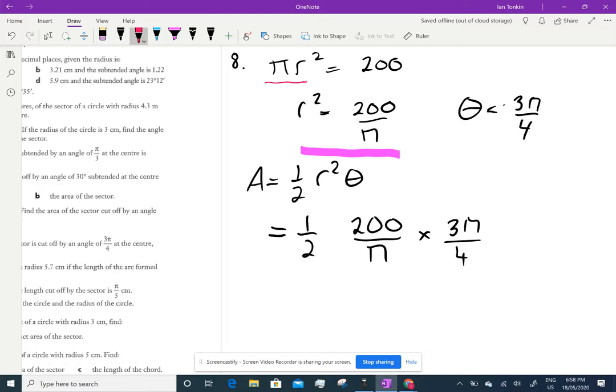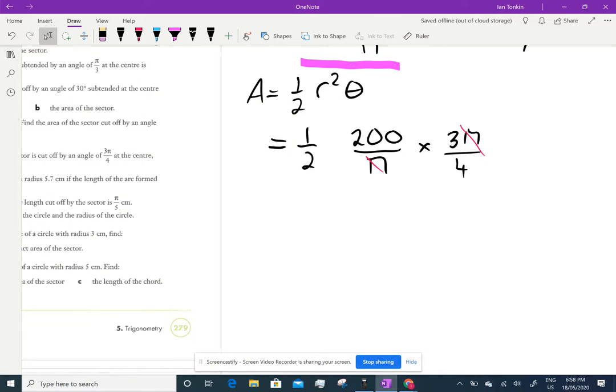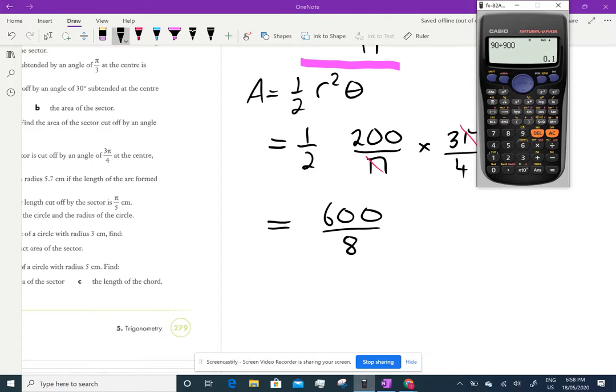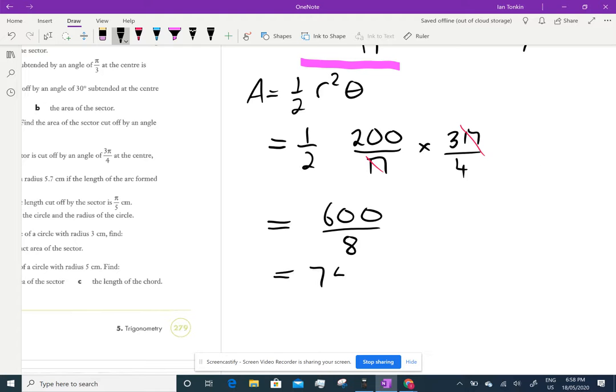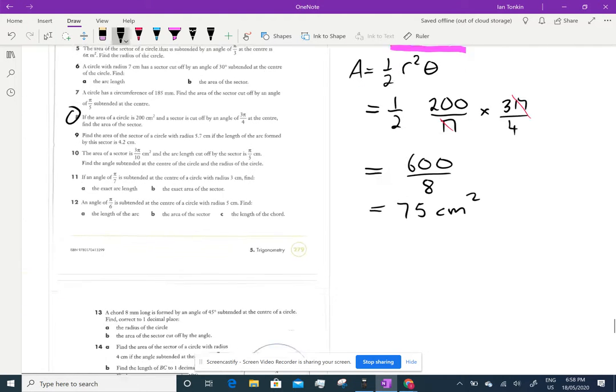Well, straight away, the pi's are going to cancel. And what have I got left? I've got 3 times 200, 600, 2 times 4 is 8, 600 divided by 8, 75. 75 centimetres squared. There's question 8.